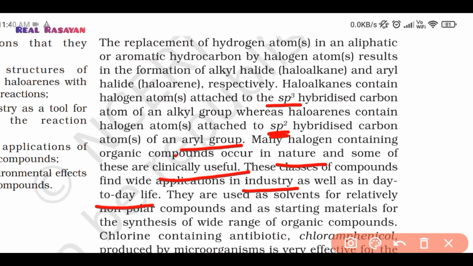Suppose they are used as solvents in non-polar compounds. Non-polar compounds or the solvents. Solvent.